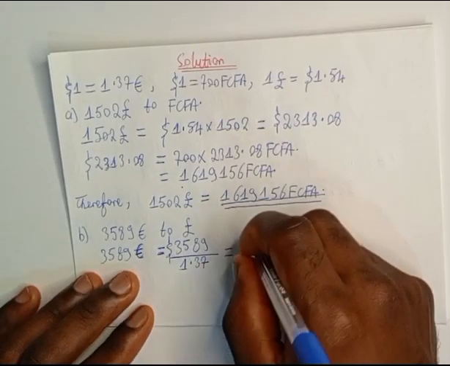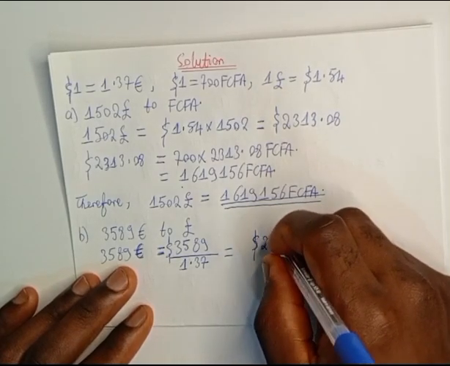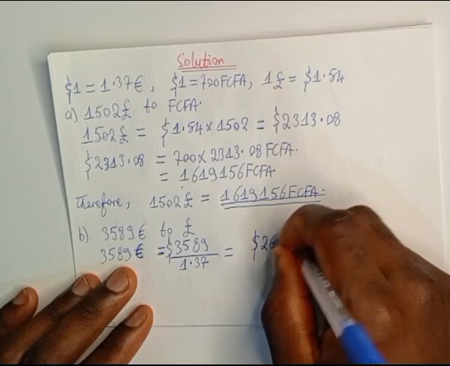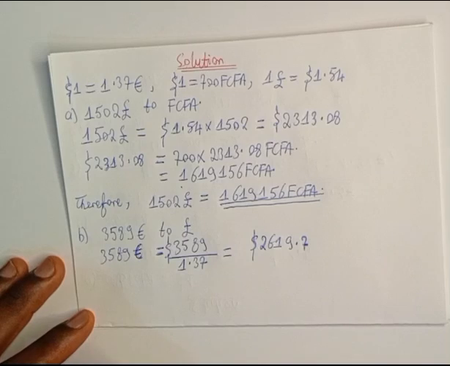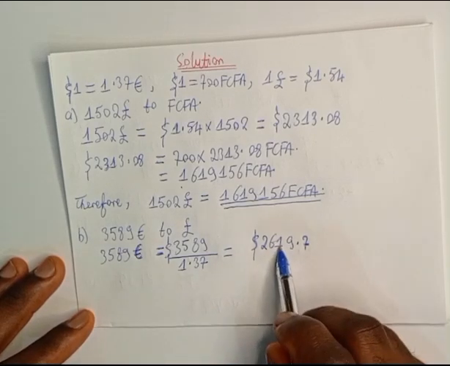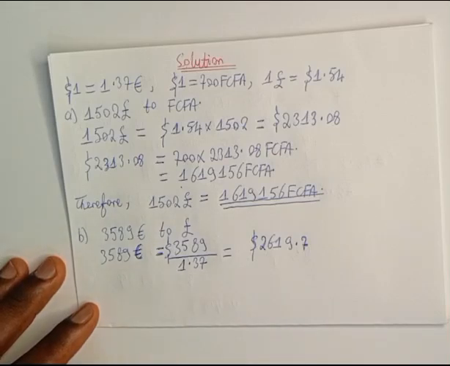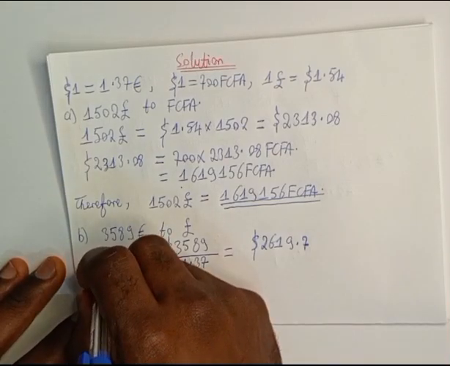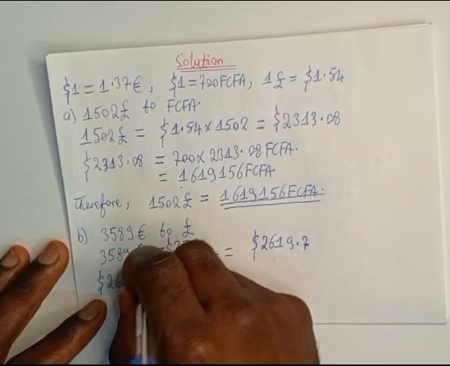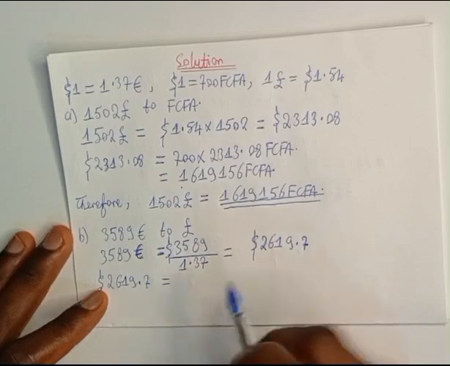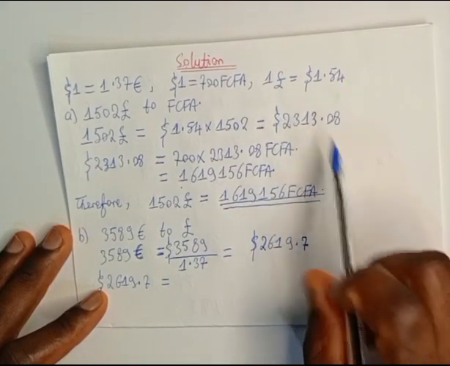Performing this division, this will be equal to 2,619.7 dollars. Next, we have to convert the 2,619.7 dollars to pounds. You see, the pound is a higher currency to the dollar.